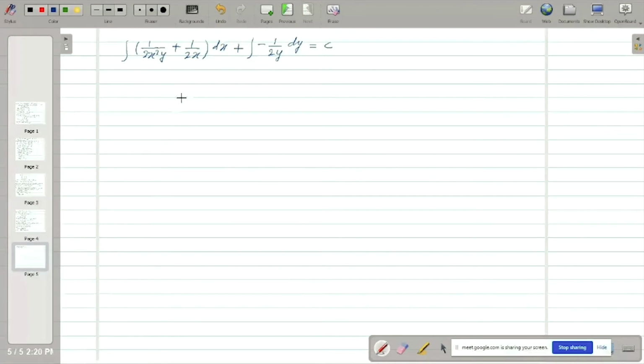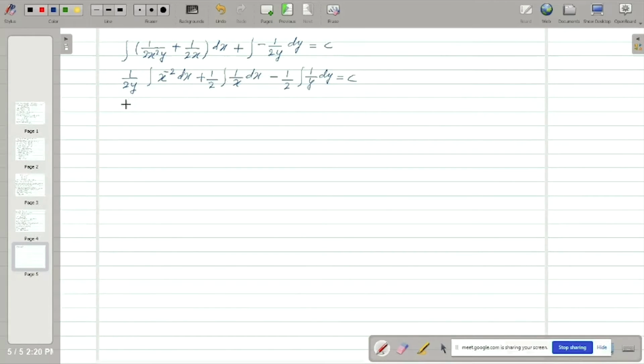Now just integrate it. So 1 upon 2y is constant, I'm taking outside. So this becomes minus 2 x raised to minus 2 dx and plus 1 by 2, I'm taking outside, integration of 1 upon x dx, minus 1 by 2, I'm taking outside, integration of 1 upon y dy equal to c.